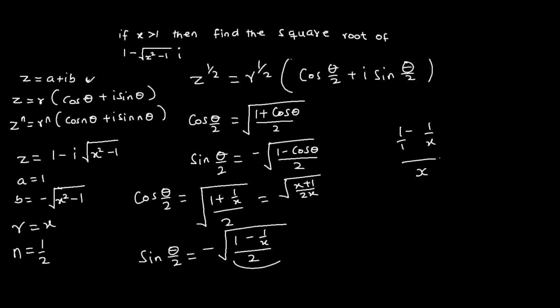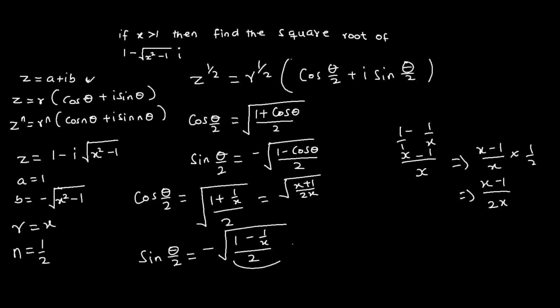Then we do cross multiplication, x multiplying 1 gives us x, minus 1 times 1, which is 1. This will be divided by 2, so that was x minus 1 divided by x, dividing by 2, so that was times half. That gives us x minus 1 divided by 2x.